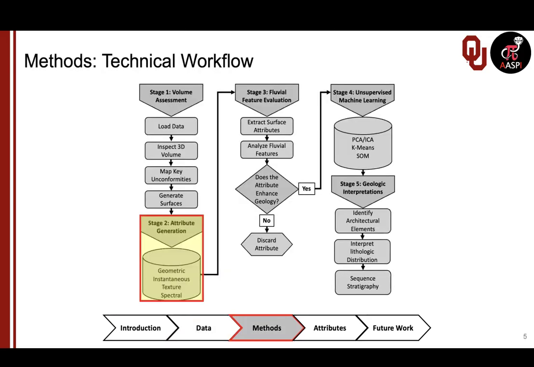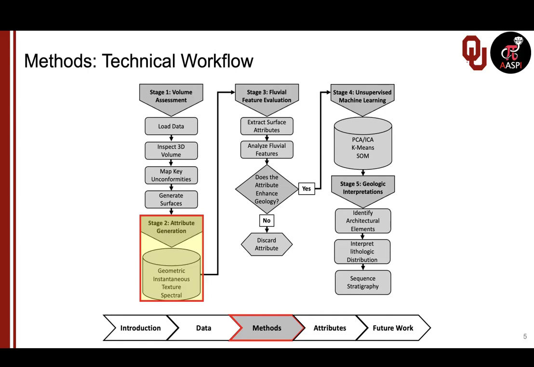I'll run through my workflow very shortly. Of course, I have to load the data, inspect it, map our key unconformities, make some surfaces, run attributes, and extract those attributes along the surface. Then, like I said, we're looking for incised valleys, so we analyze fluvial features.